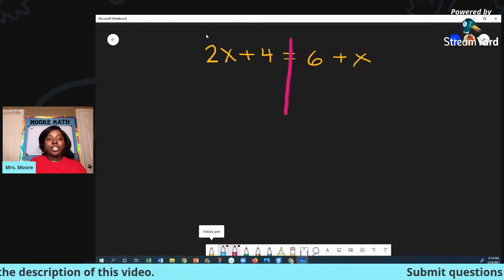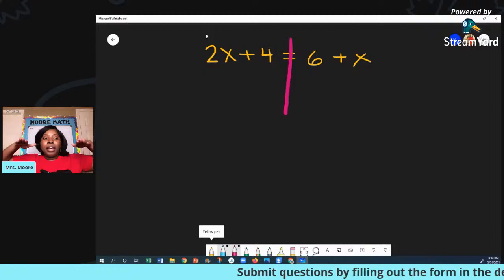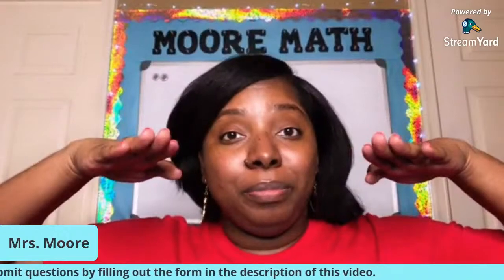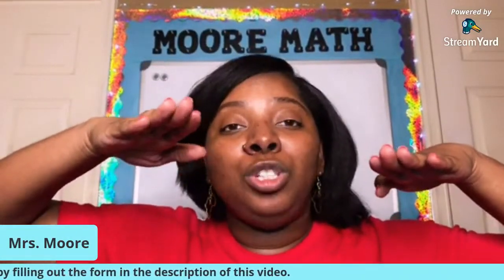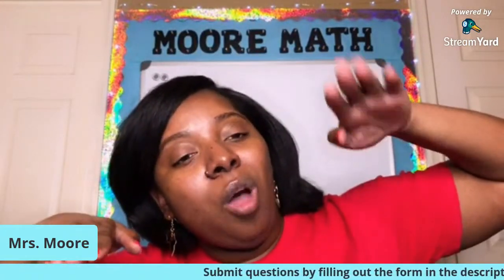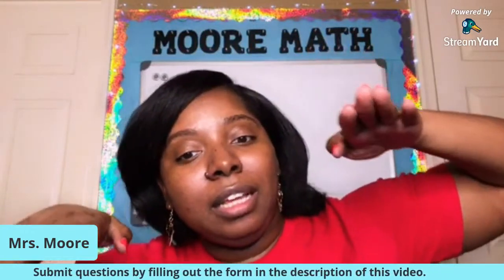So what we always do, that equal sign, think about a scale. So I'm going to remove this first. Think about a scale, right? If I do something to the right side, right now it's equal. If I add something to this side, my scale's going to tip like this, right? What do I have to do to this side to keep it balanced?